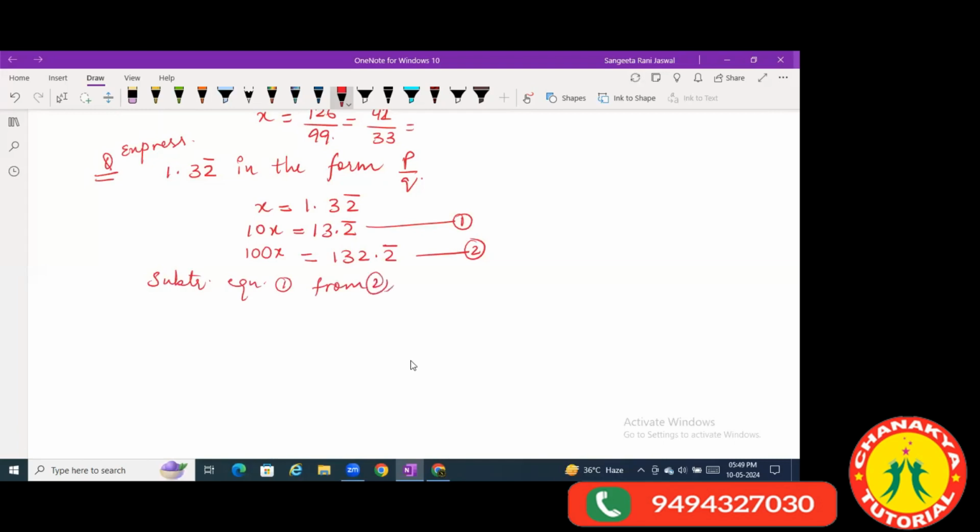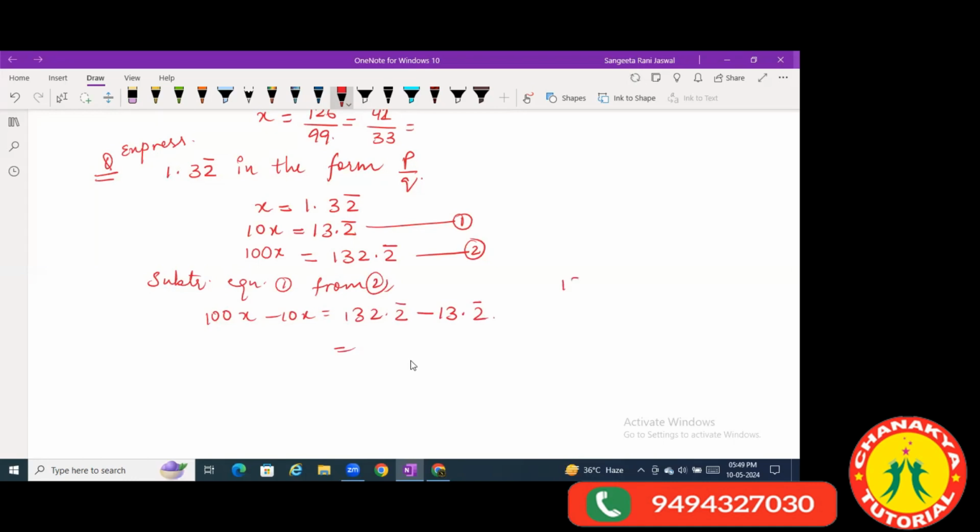So this becomes 100x minus 10x is equal to 132.2 minus 13.2, where the 2 has the bar over it. When I subtract this, the decimal part will be 0 now.